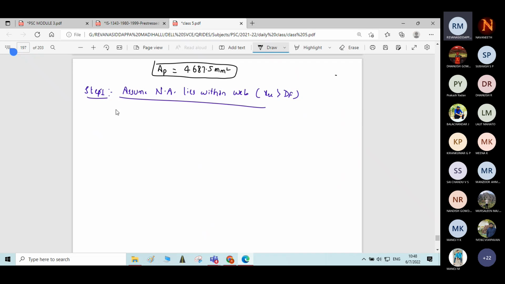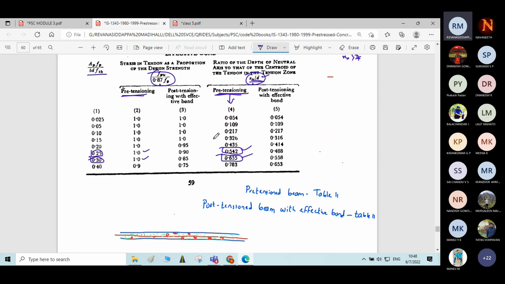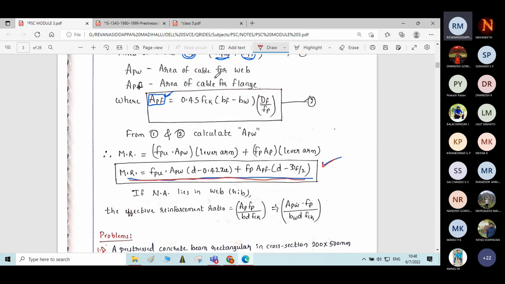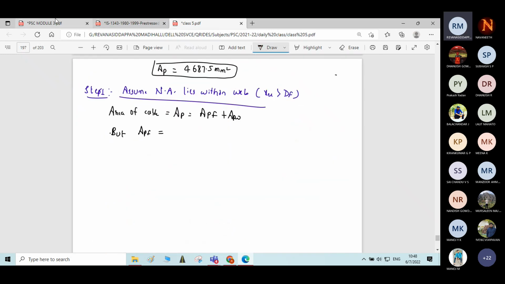Now, area of cable, AP is equal to sum of APF plus APW. But we know the formula for APF. APF is equal to, we have the formula here, 0.45 FCK into (BF minus BW) into DF by FP.